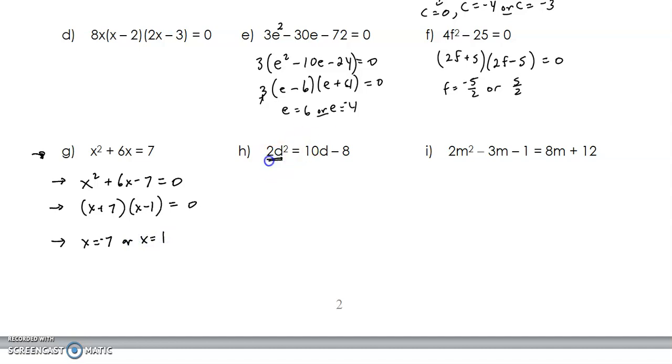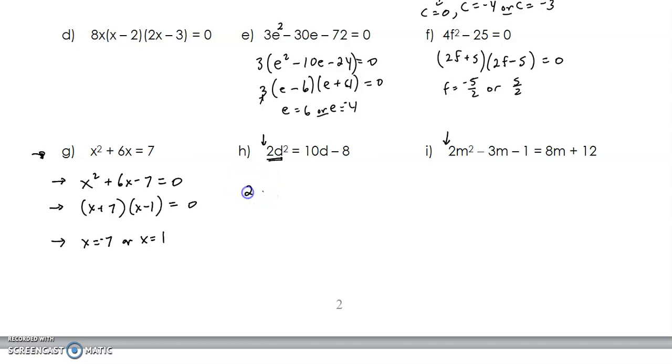A reminder in letter H here, it's always best to bring everything to the side where the exponent is going to have a positive coefficient. So the 2d squared on the left side, the 2m squared on the left side, those are going to stay on that side and you bring everything over.